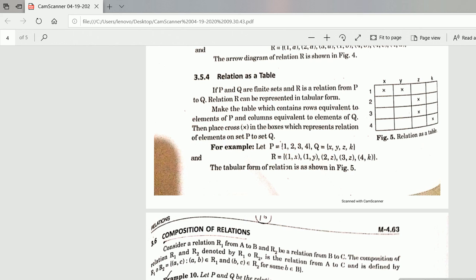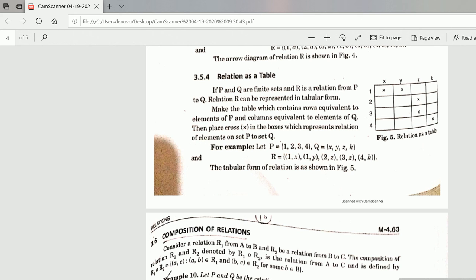You take the two sets P and Q, and write the elements of P in the column and the elements of Q in the row. Make the table contain rows equivalent to the elements of P and columns equivalent to the elements of Q.